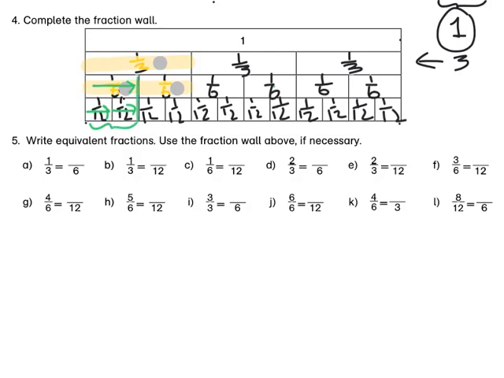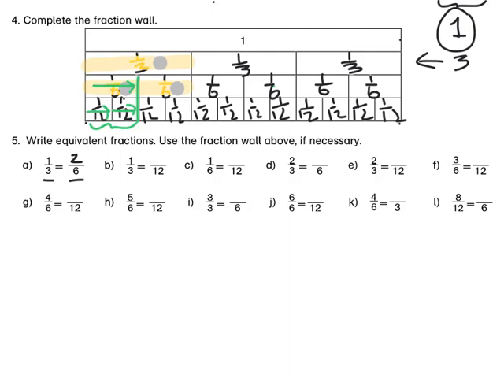Let's have a look at number 5. Write equivalent fractions. Use the fraction wall above if necessary. Now 1/3 is equal to how many sixths? As we saw here with yellow, here's 1/3. Now 2 sixths make up 1/3, so our missing number is 2. 1/3 is exactly equal to 2 sixths.